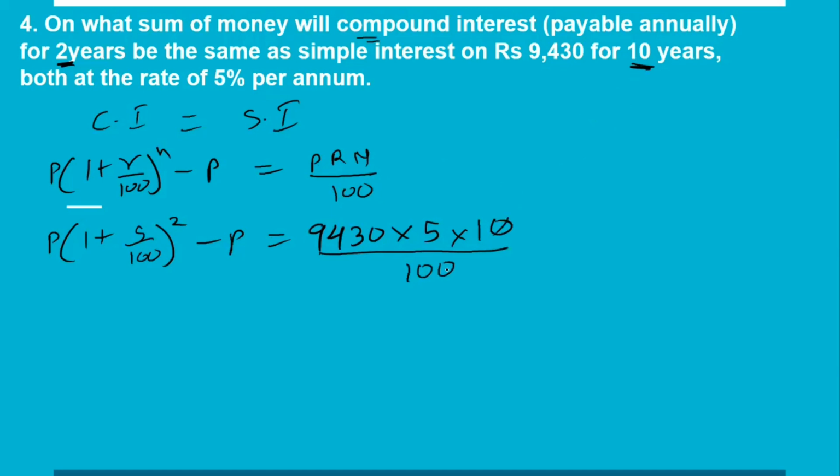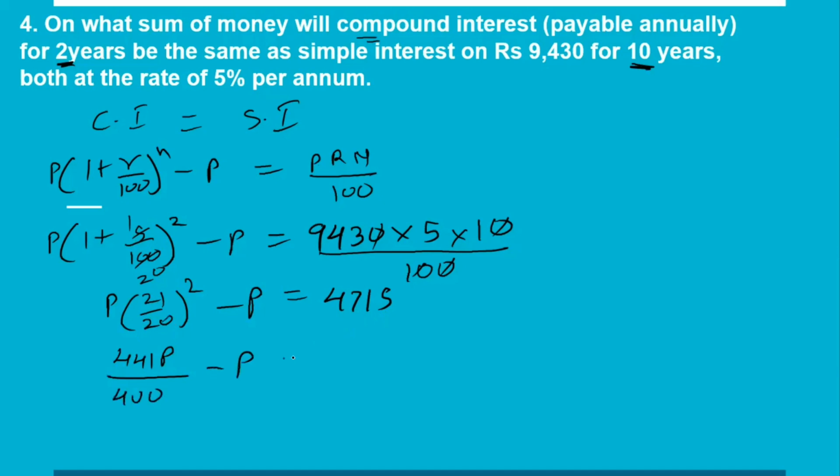Let us simplify this. 943 multiplied by 5, we get 4,715. And 5 ones are 5, and 5 20s are 100, so we get P in bracket (20 plus 1) that is 21 upon 20, squared, minus P is 4,715. Now 21 square is 441. So we get 441P upon 20 square, which is 400, minus P, is equal to 4,715.